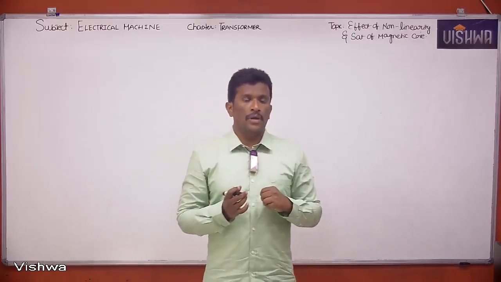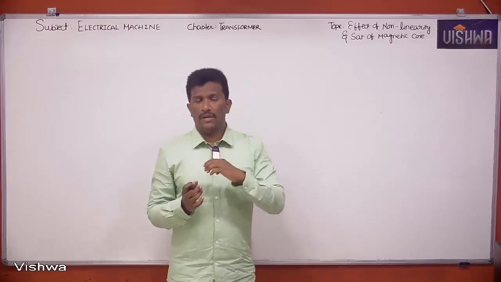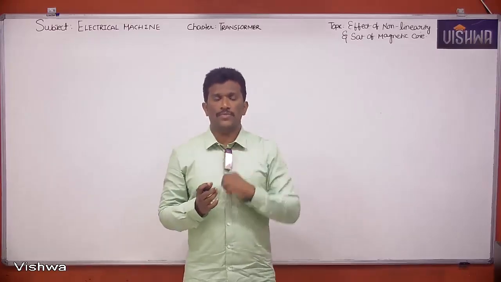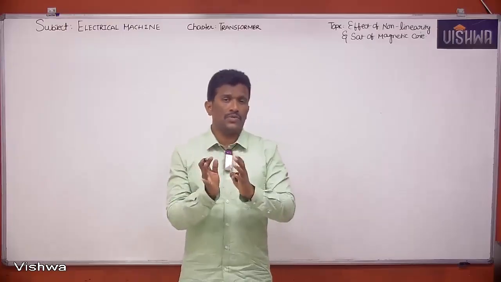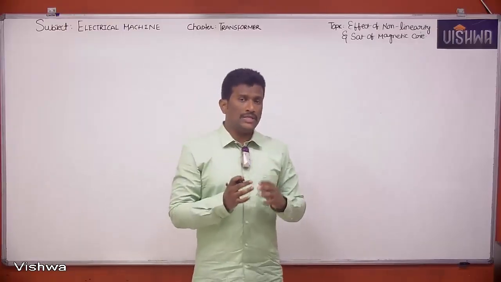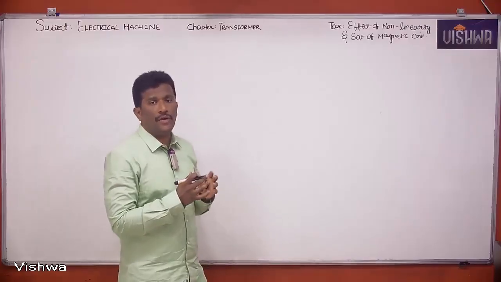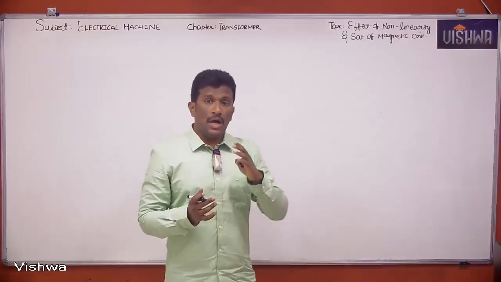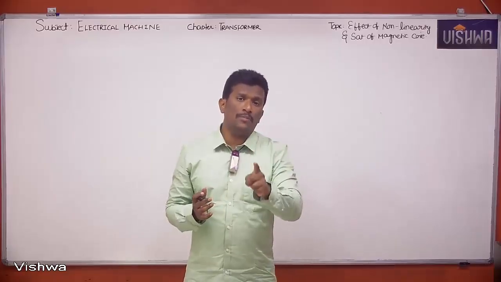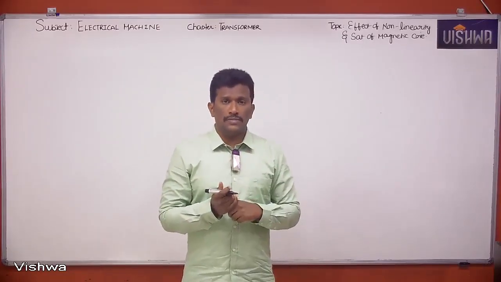Or if we don't want harmonics in flux and EMF waveforms, harmonics should be present in the I mu waveform. That is the conclusion we got. Or I can say, if we want to make flux and EMF waveforms free from third harmonic, third harmonic should be there in the I mu waveform. That is the last conclusion I made.